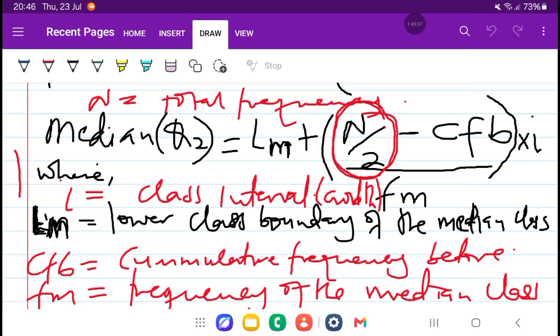Then for upper quartile, it is going to be 3 over 4 n, or 3n over 4, or 3 over 4 times n minus the cumulative frequency before, over the frequency of that quartile class. So it's always important for you to understand, and put that in context.